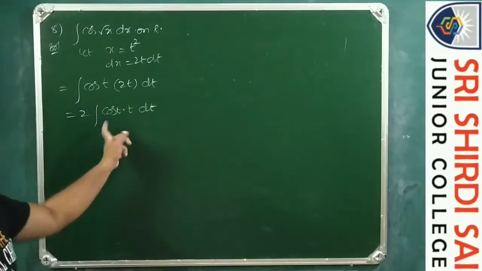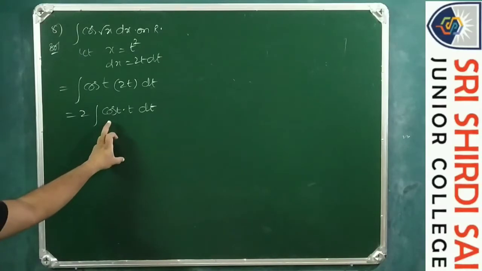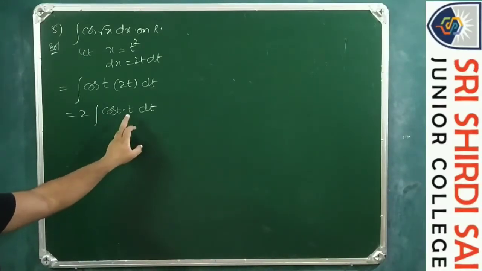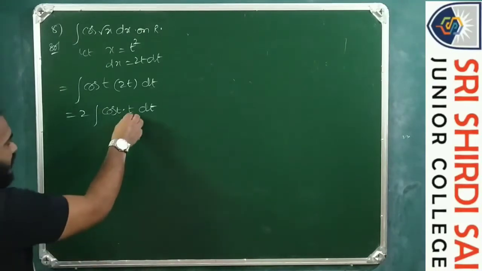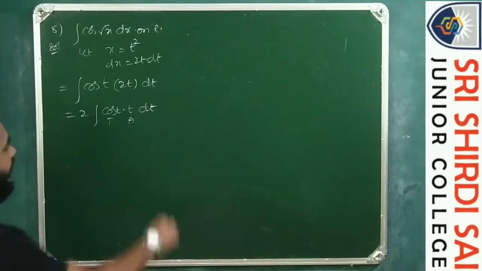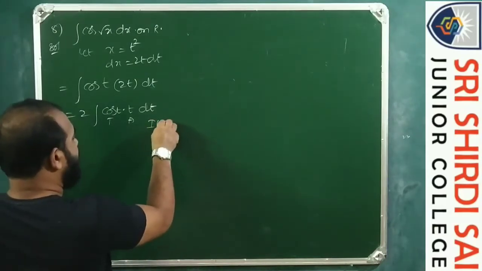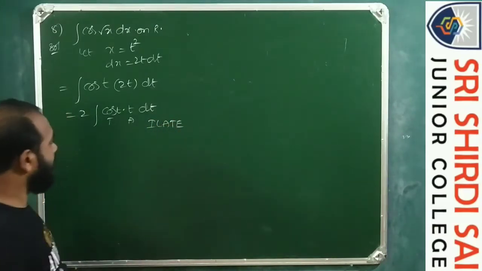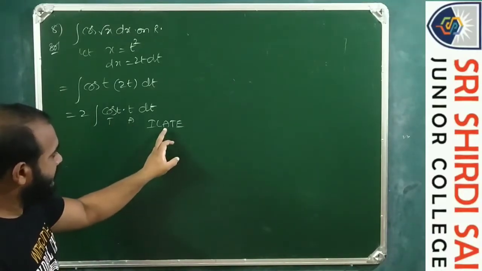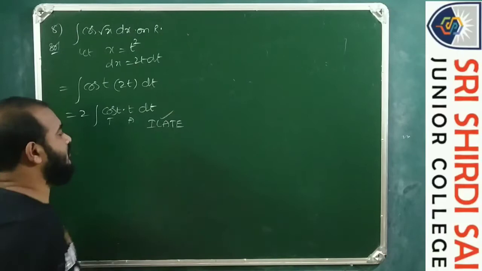So product of two functions. It is just like integral cos x into x dx, x cos x dx. So t is algebraic function and the cos t is trigonometric function. So in ILATE, between t and cos t, algebraic comes first.